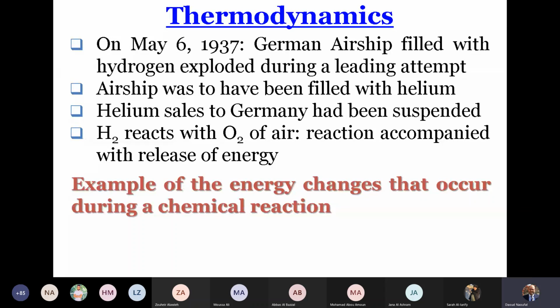This calculation of the energy changes that occur during this chemical reaction, or during any chemical reaction, we call thermochemistry. So thermochemistry is the calculation of the heat or the energy released or absorbed from a chemical reaction.